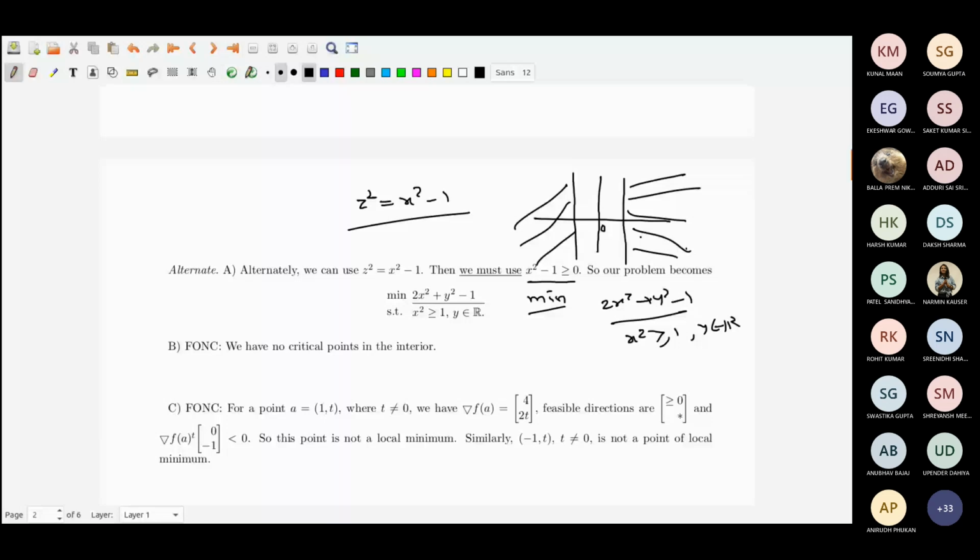On those points, at each point, I will have to evaluate 2x square plus y square minus 1, and find out where it is taking the minimum value.